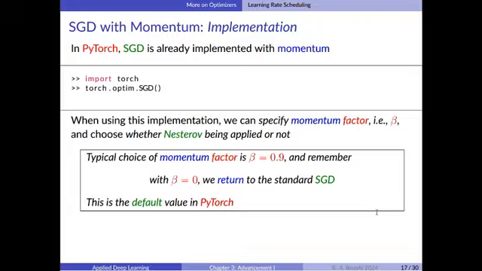If beta is equal to 0, the previous m would be ignored, and everything would be the gradient, so in this case we won't have any momentum. So we can say SGD is a special type of momentum if we set beta to 0. And yes, the implementation is easy in PyTorch.